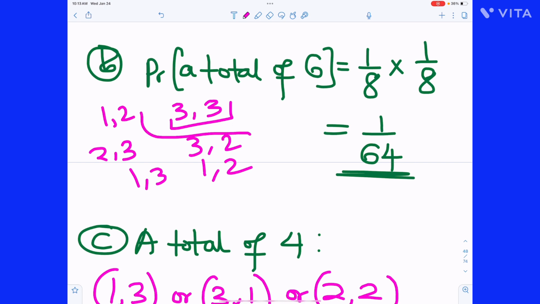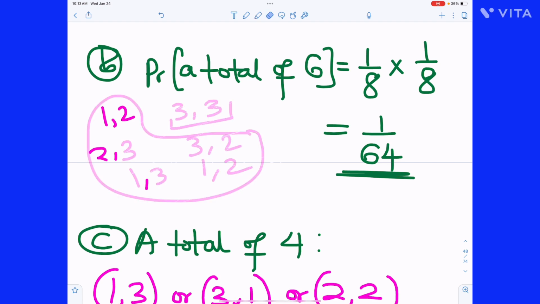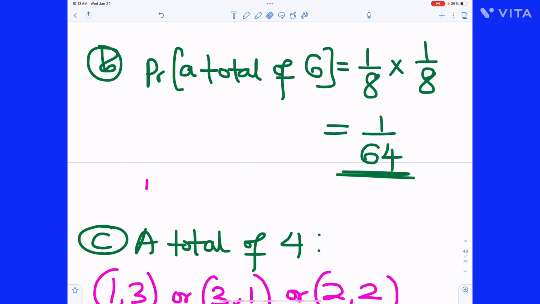None of these results will give you a total of 6, except you score a 3 the first time and a 3 the second time too. That's the only way to get a 6, and the probability of doing that each time is 1/8. So that gives you 1/64.